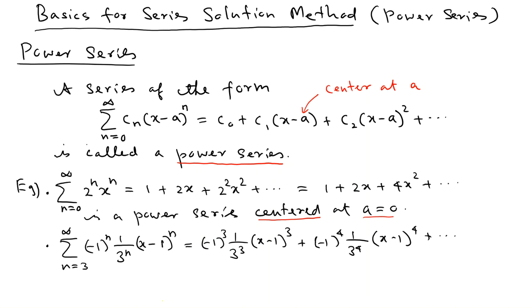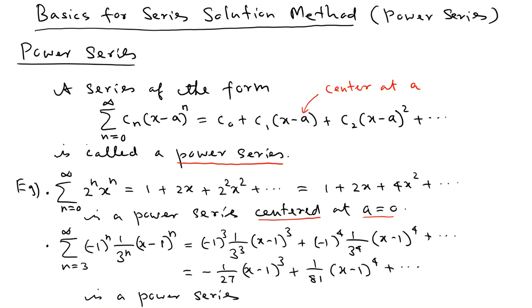Negative 1 to the third power means negative, and 3 to the third power means 27, so you get x minus 1 cubed. Negative 1 to the fourth power means positive, so we don't write anything, and 3 to the fourth power means 81. You get x minus 1 to the fourth power. So you can see this is a power series centered at 1.